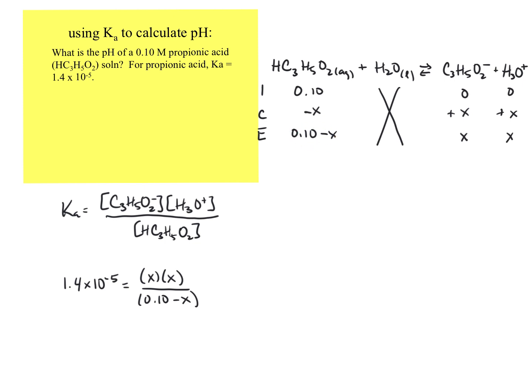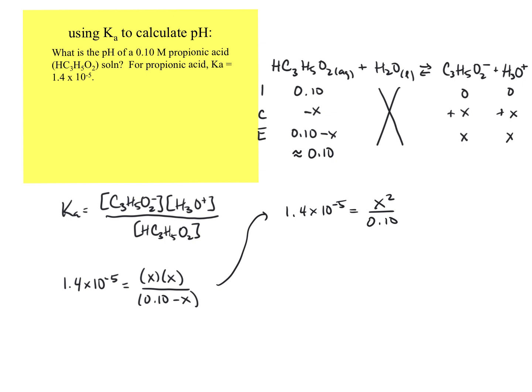So for now, just to simplify our calculation, we're going to say that the equilibrium value of the acid is 0.10. So that would enable us to simplify our calculation to say right here that 1.4 times 10 to the negative 5 equals X squared over 0.10.